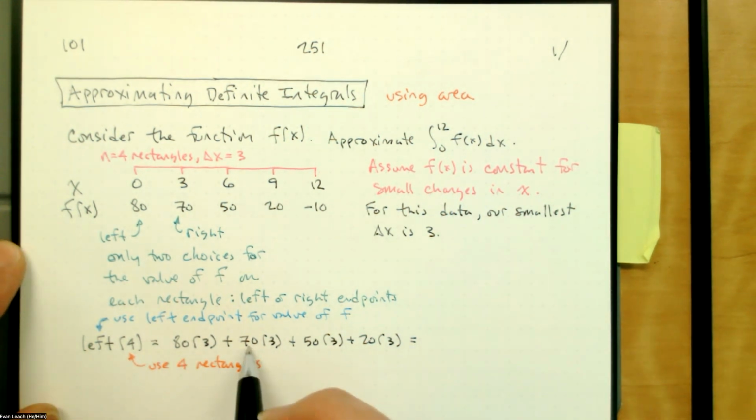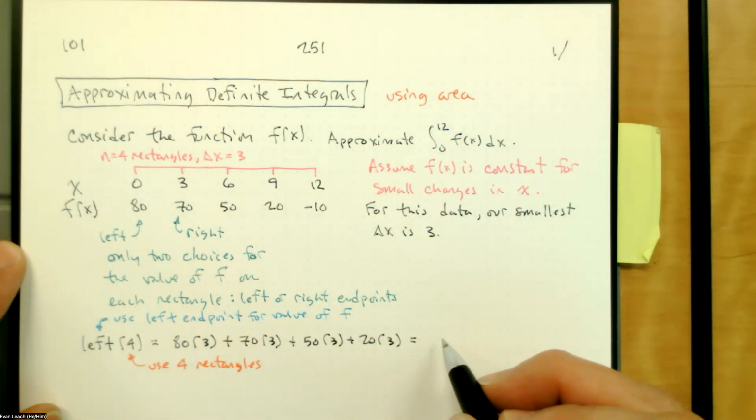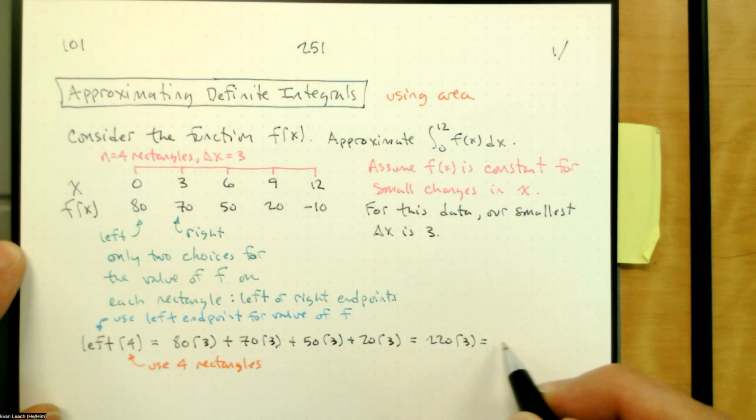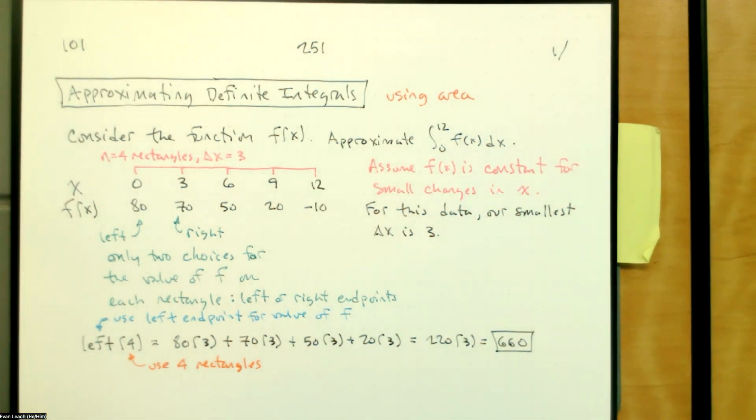So it's going to be 150, 220 times 3. So there's an approximation.